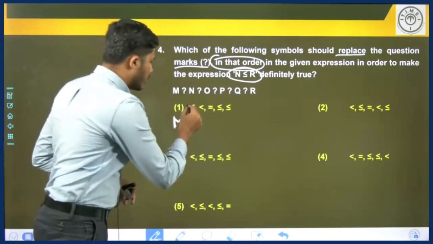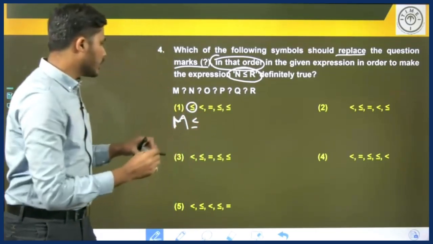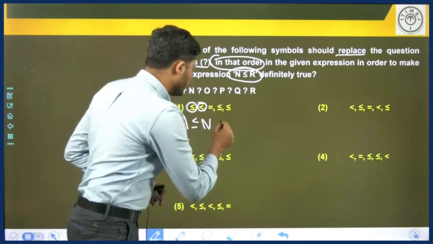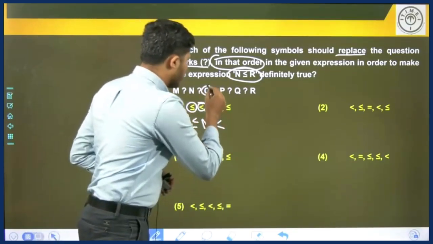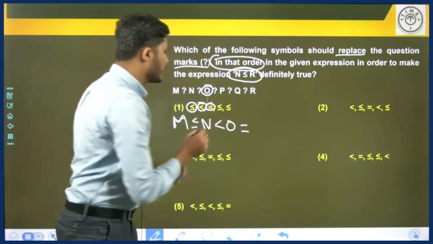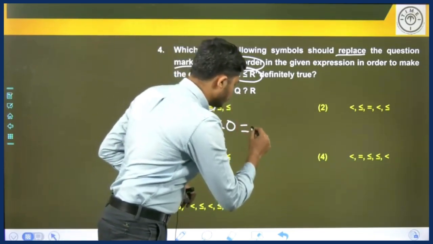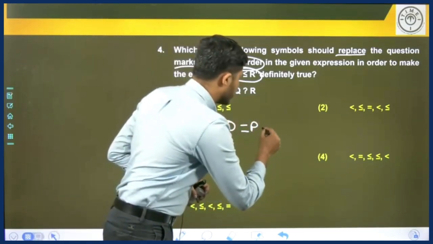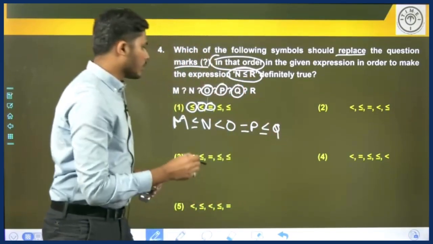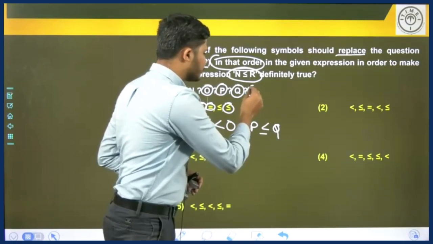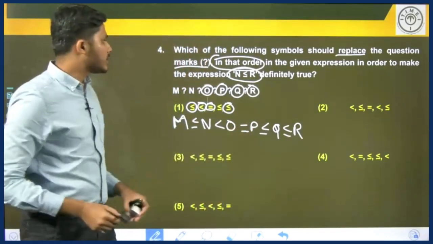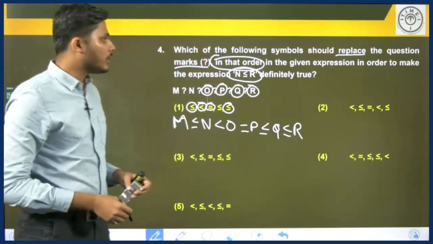M less than or equal to N, N less than O, O equals P, P less than or equal to Q, and again Q less than or equal to R. Now, let us check the condition N less than or equal to R is definitely true.